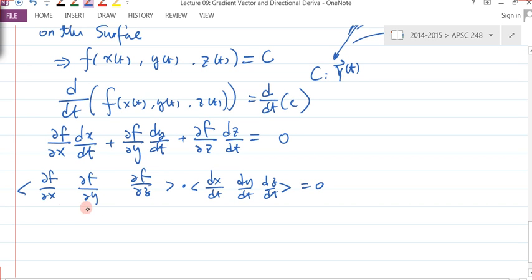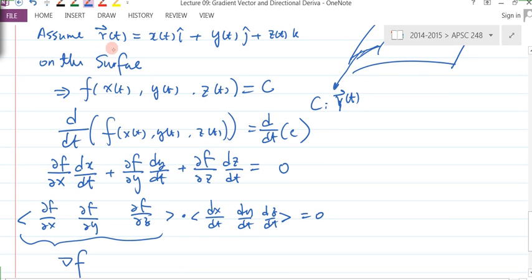Now, you look at this dot product. What's the first one here? The del f, the gradient vector. What's this one here? This is the derivative of r of t.